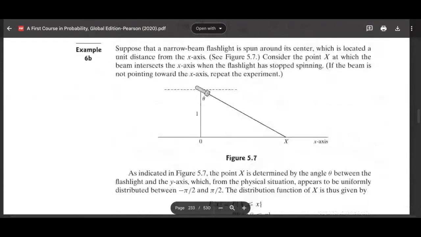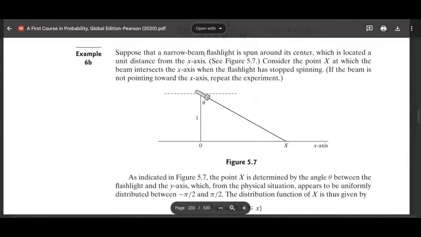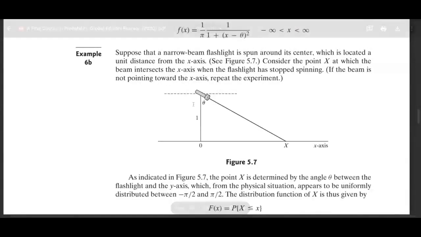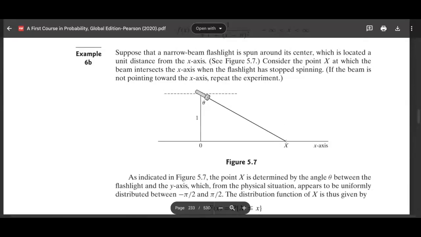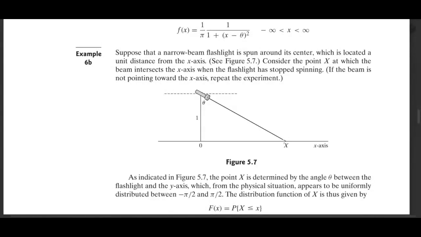Let's see this example. Suppose a narrow beam flashlight is spun around its center, which is located a unit distance from the x-axis. Consider the point x at which the beam intersects the x-axis when the flashlight has stopped spinning.